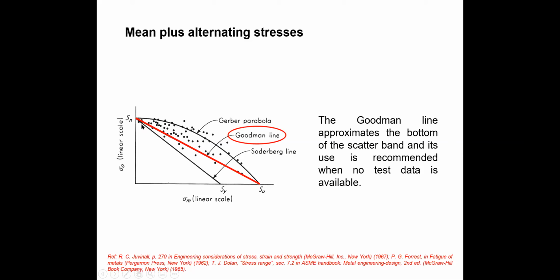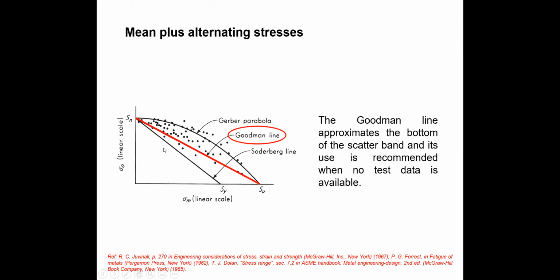So if you apply the stress sigma M and sigma A together, you need to use this line to predict the failure point. That means if we apply only tensile load, after the ultimate point it will break. And if you apply alternating stress only, above the endurance limit value, that material will fail.